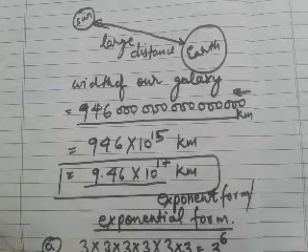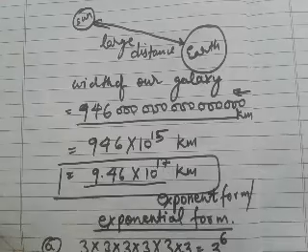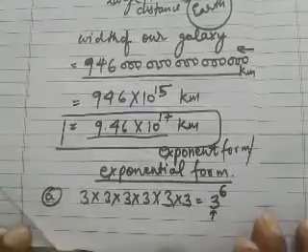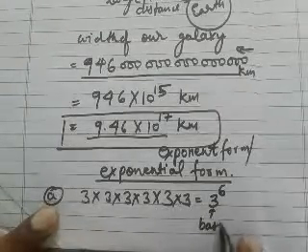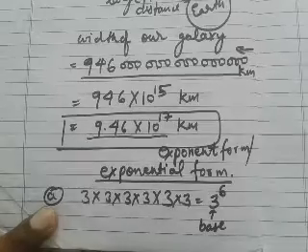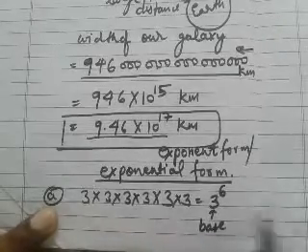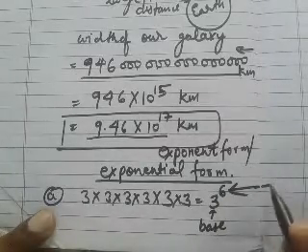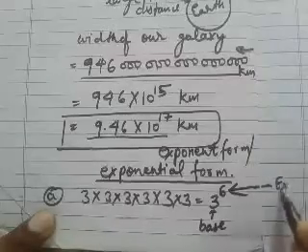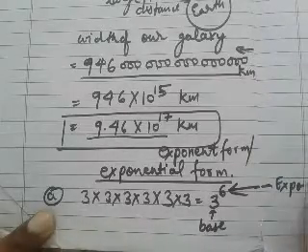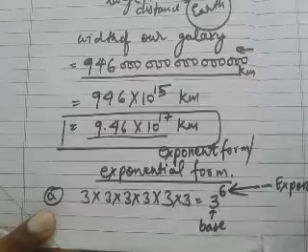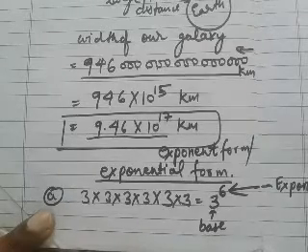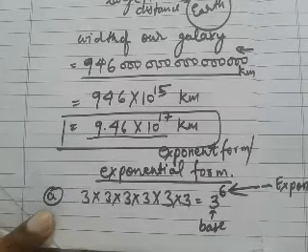So the number which is repeated is called base, and how many times the number is repeated is called exponent, or it may be called power, or it may be called index.